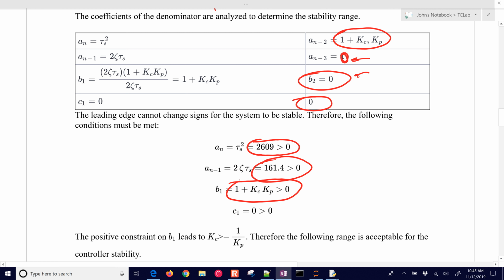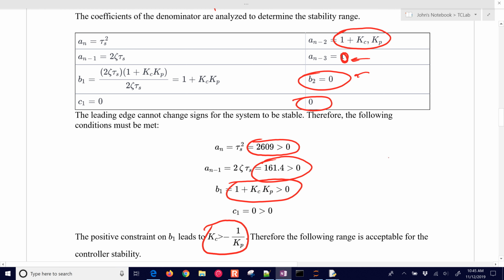Now this is the first one that we have where our Kc is in the expression. And so in order for that to be greater than 0, we know that Kc has got to be greater than negative 1 over Kp. Now why would we even do that?